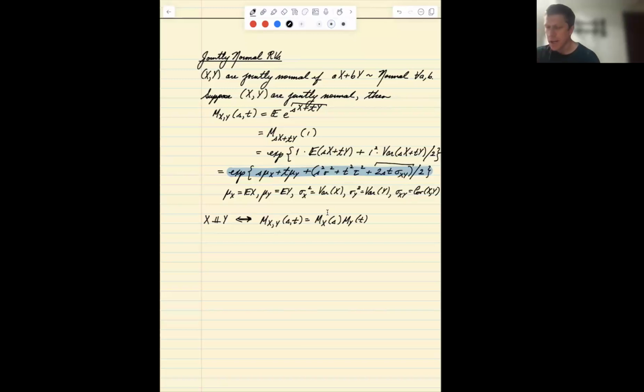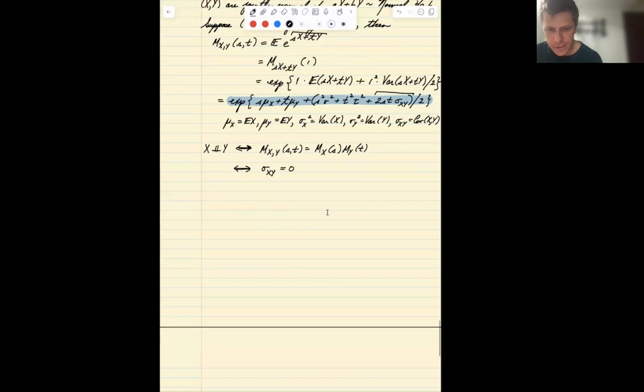This is the only term in which s and t interact. So this is going to be true as long as sigma_xy is equal to 0. So X and Y are independent in the normal case if and only if their covariance is 0. So this is a way of proving that.